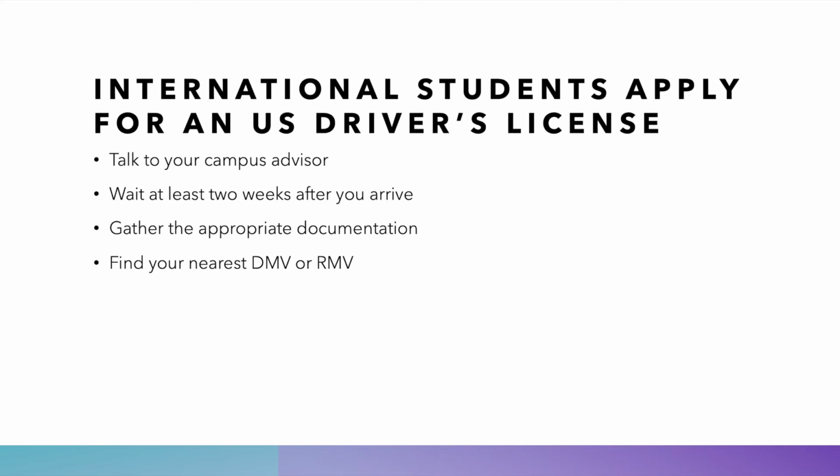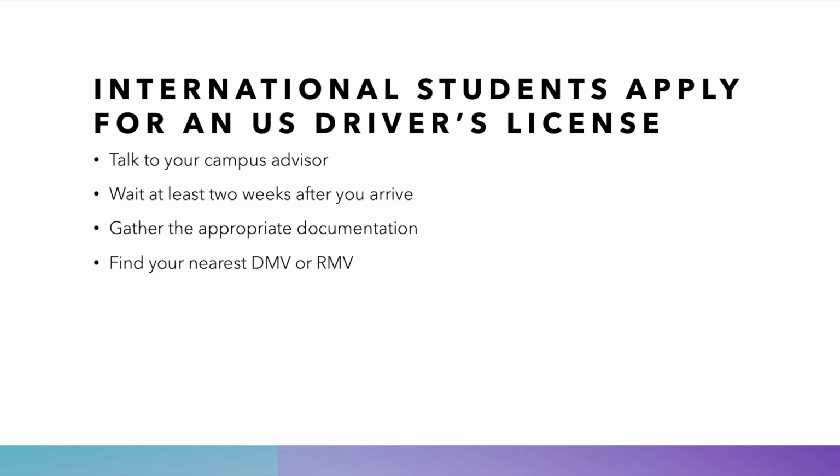Your campus advisor can help you learn everything you need to know about how to get a driver's license. They understand the steps to get a driver's license and can show you how to gather all the information you need to apply. Talking to your advisor first can make the process of getting a U.S. driver's license much easier.